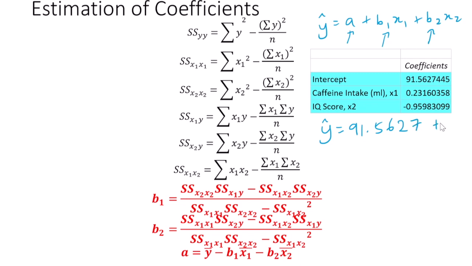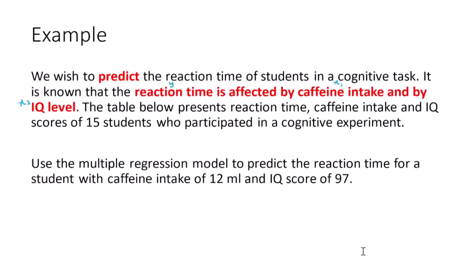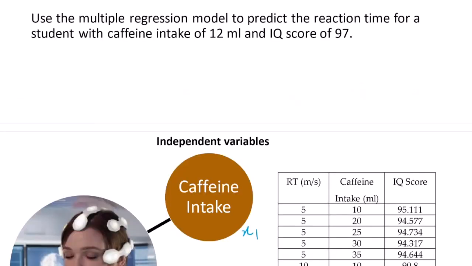So the predicted multiple linear regression model is y hat equals 91.5627 plus 0.2316 x1 minus 0.9598 x2. And to predict the reaction time, we simply substitute the values of 12 and 97 into the multiple linear regression model.